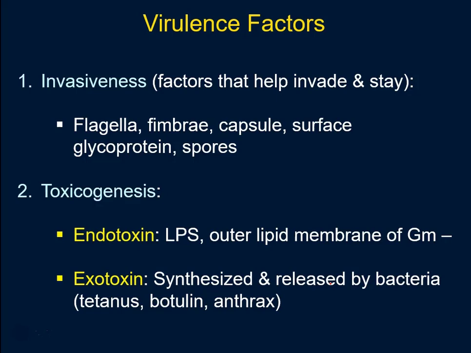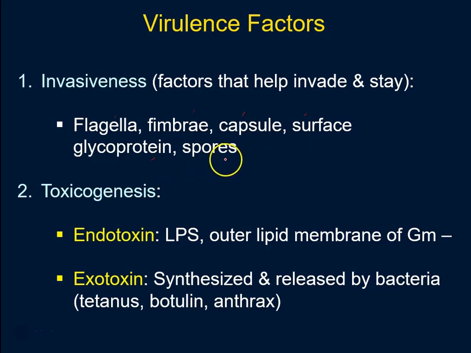So what are those virulence factors? Well, these are structural things. We'll talk about flagella, which help the bacteria move. We'll talk about fimbria, which help bacteria attach to mucous membranes. We'll have capsule, which helps it evade the immune system and also makes it very difficult to penetrate with drugs. We'll have surface glycoproteins that basically protect the bacteria from the immune system.